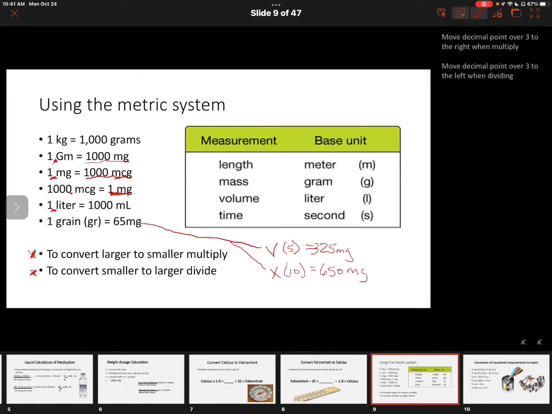So 1 liter is larger than milliliters. Multiplying it by 1,000, you come up with 1,000 milliliters. It's the same thing with the kilogram up here that I skipped over. You're taking the 1 kilogram, multiplying it by 1,000, and coming up with 1,000 grams, because 1 kilogram is larger than grams.